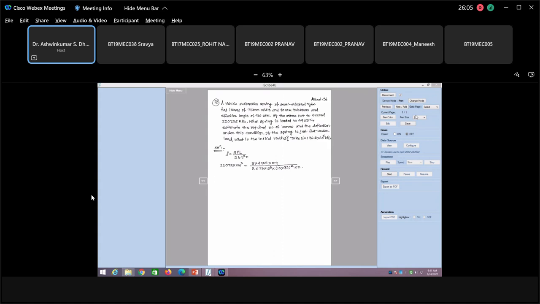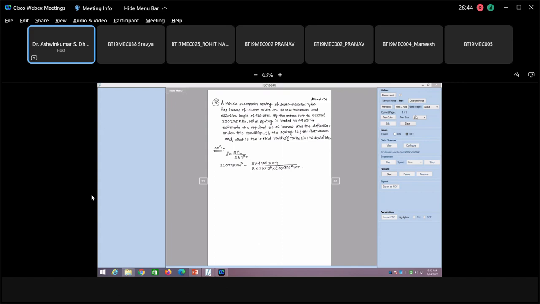Sir, should it be t cube? Just a minute. What is the expression I have written? Actually, it has to be checked dimensionally whether it is homogeneous or not.